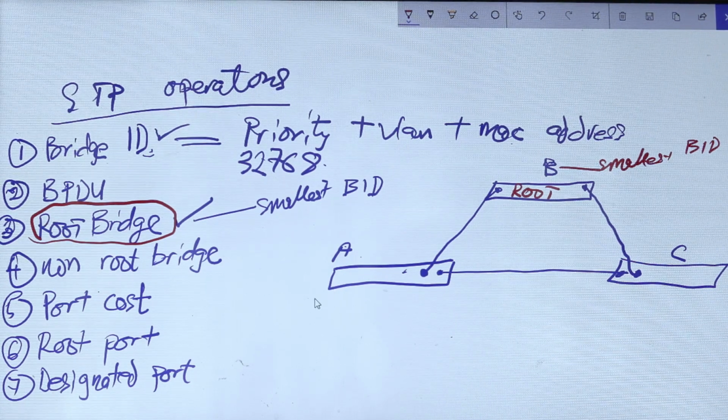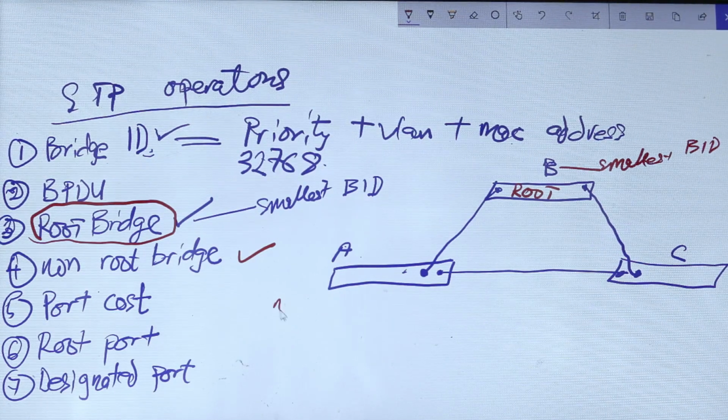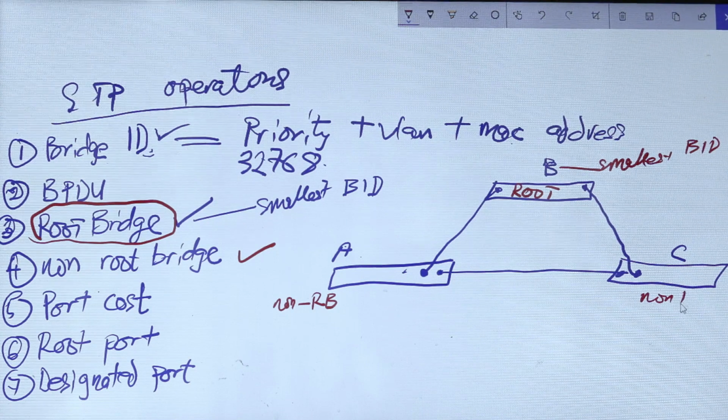Switch A and switch C are non-root bridges. The name is explanatory because they are not root bridges. They are non-root bridges. So let's put it here. Let me shorten it. Root bridge. This is also a non-root bridge.